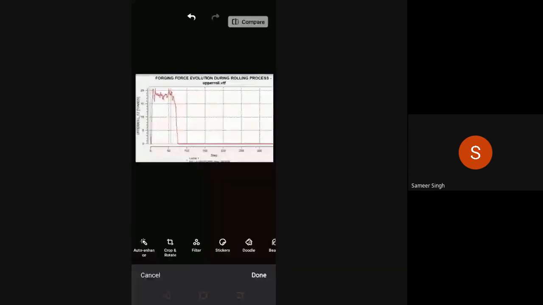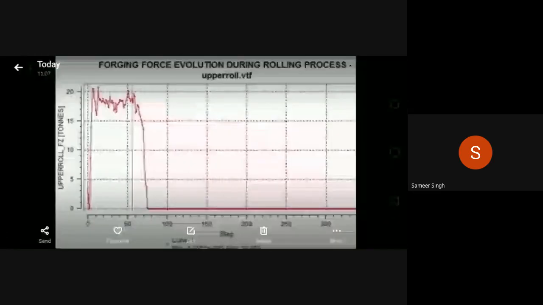Okay, done. So this graph you can put in your report. Understand? So you will put this curve in your report.